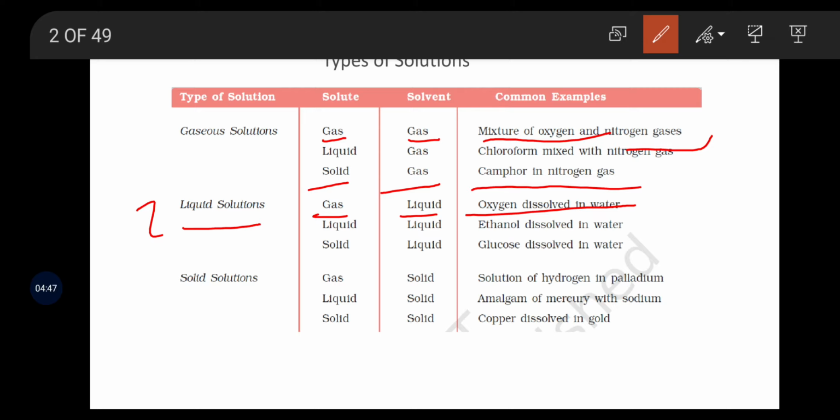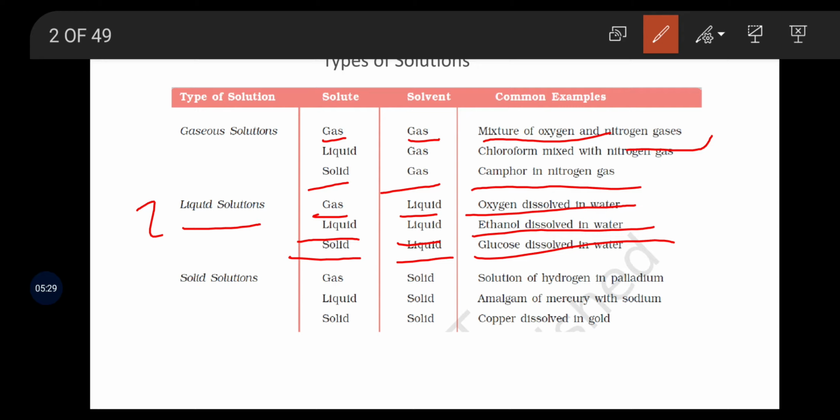Now, if liquid dissolves in liquid, the type of solution will be liquid in liquid. Example is ethanol dissolved in water. Third, if solid dissolves in liquid, the solution will be solid in liquid. For example, glucose dissolved in water, salt dissolved in water. This is the example of solid in liquid.